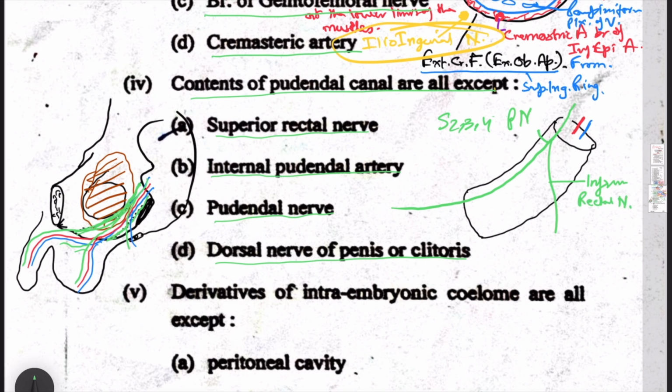However, remember that it's a misnomer, because it supplies the anal canal. Then it gives another nerve which emerges and descends down to supply the skin on the posterior two-thirds of the scrotum. This will be called the posterior scrotal nerve.